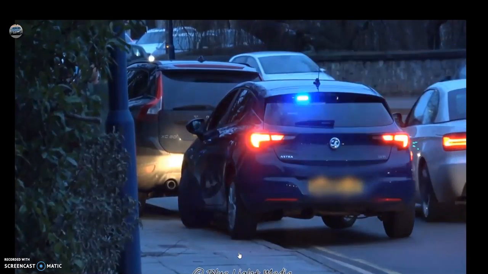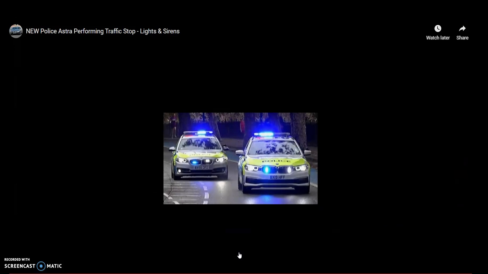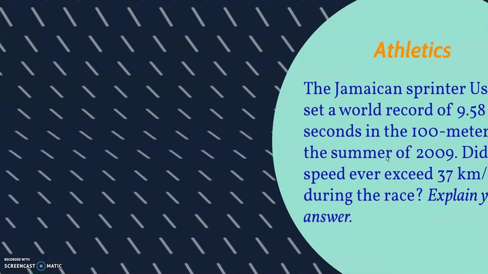My video is not loading too well, but once we see lights flashing on the side of the road, we know there's a traffic stop. These are a few pictures that would indicate that you've done something wrong on the roadway and the cops are coming after you.